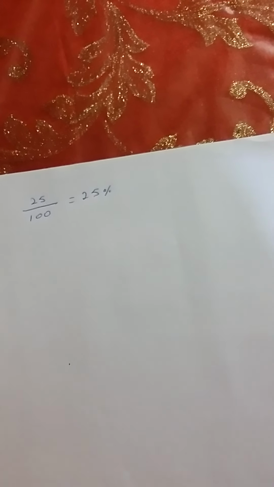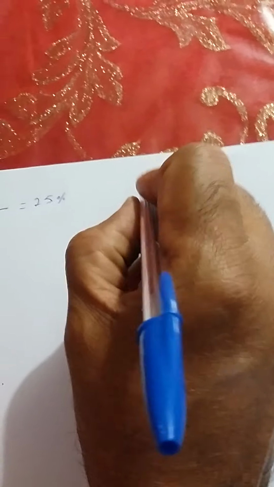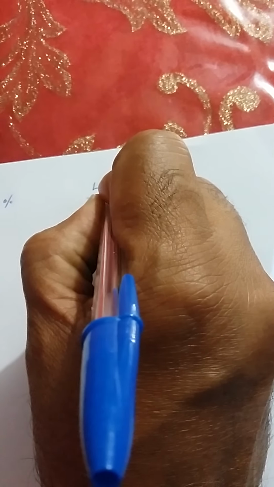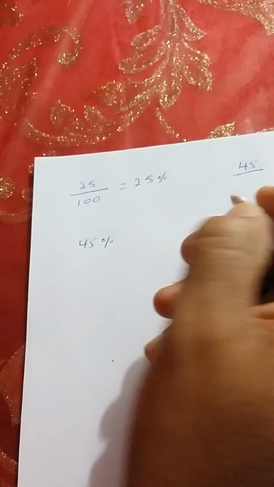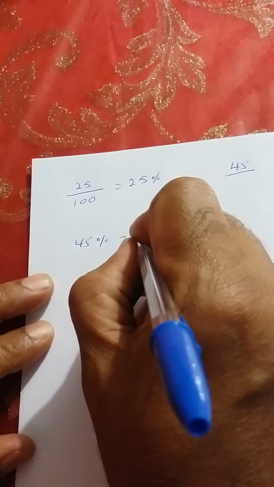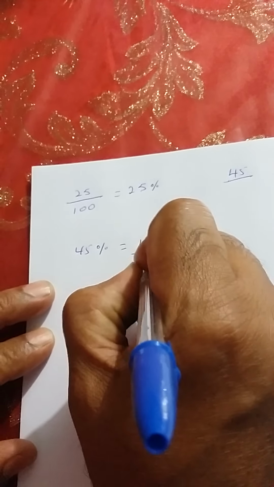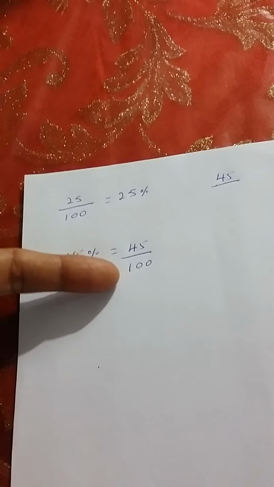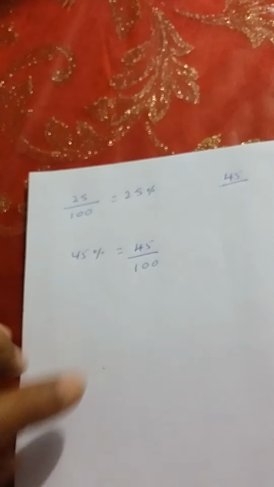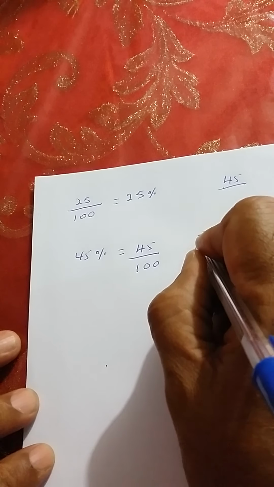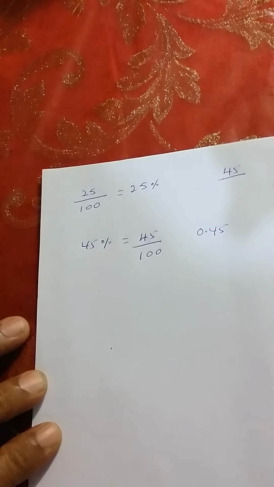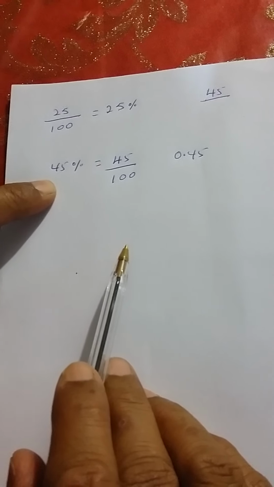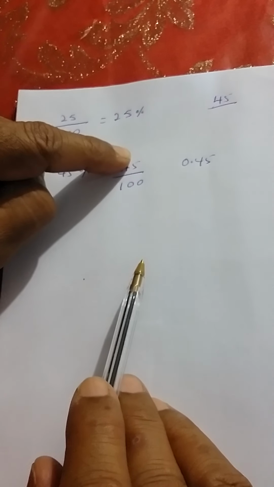We also said if we are given a percent, for example 45%, we can write that as a fraction, 45 out of 100. Or we know that 45 hundredths as a decimal is 0.45. So we said last day that a percent can be expressed as a fraction and as a decimal. Okay?